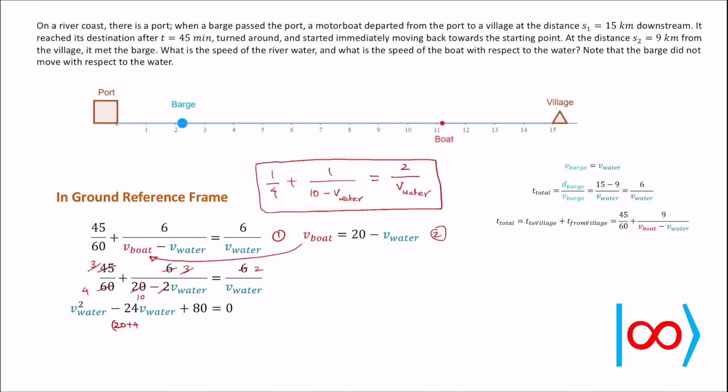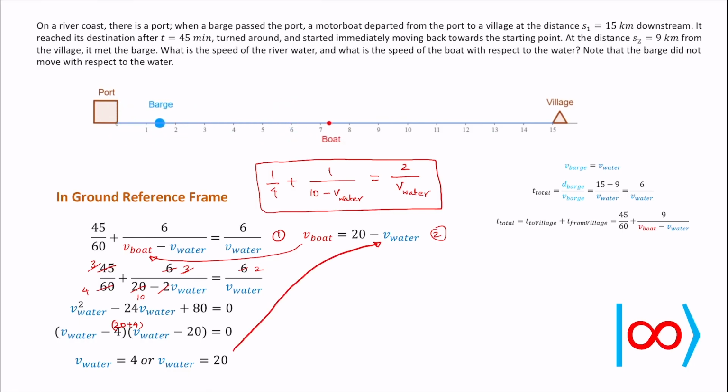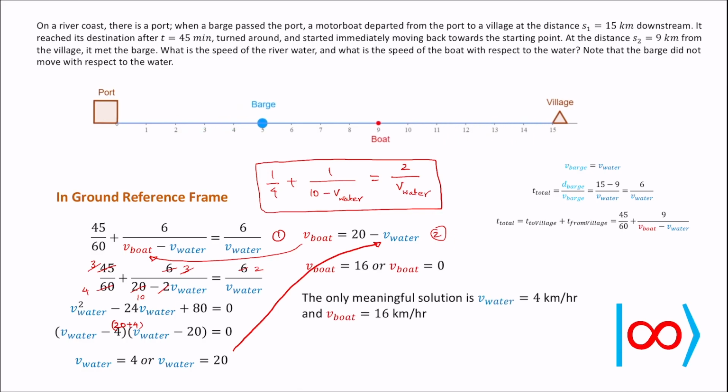After a little thought, we can see that this equation can be factored as follows, which implies that V water is either 4 or 20. Substituting these values into the second equation implies that V boat is either 16 or 0. But the only meaningful solution is V water equals 4 kilometers per hour and V boat equals 16 kilometers per hour. This concludes our first solution to the problem.